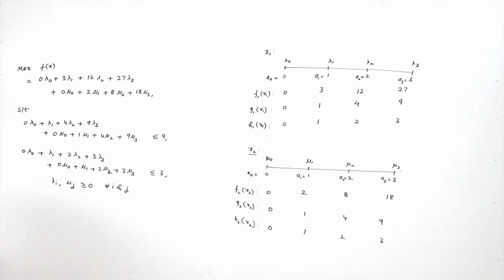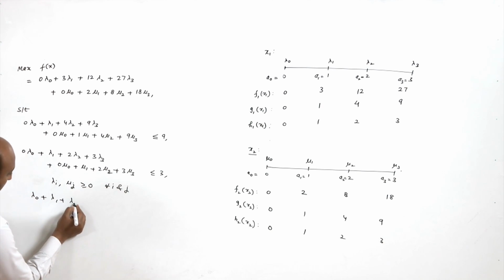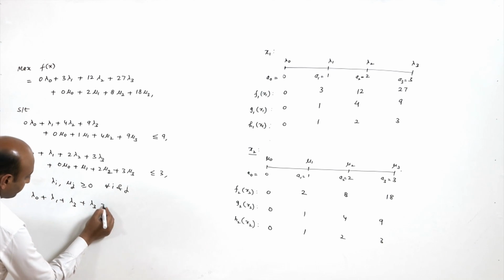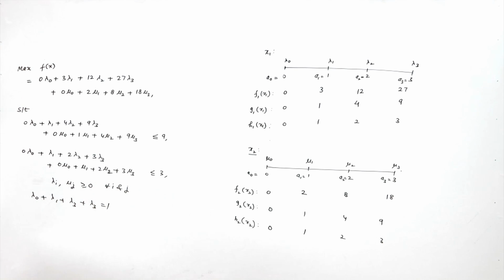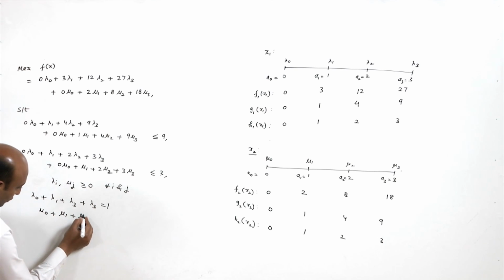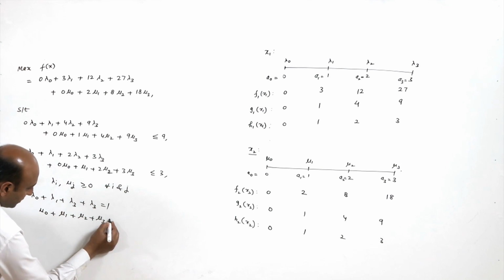All variables must be non-negative, and of course lambda naught plus lambda 1 plus lambda 2 plus lambda 3 must be 1, and mu naught plus mu 1 plus mu 2 plus mu 3 must be 1.